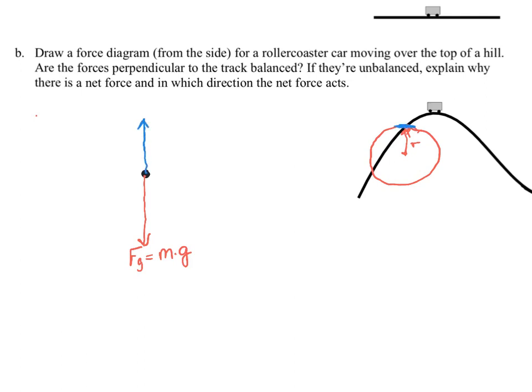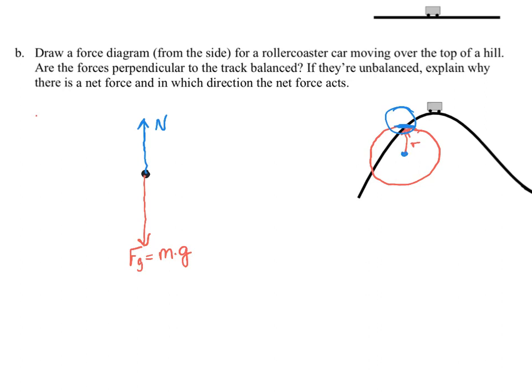And notice how I'm drawing it a little bit shorter than the gravitational force. Why am I drawing it shorter? Because I know this object of interest is in circular motion. That means it has an unbalanced force acting on it. And since it's in circular motion, that unbalanced force is pointing towards the center of the circle.